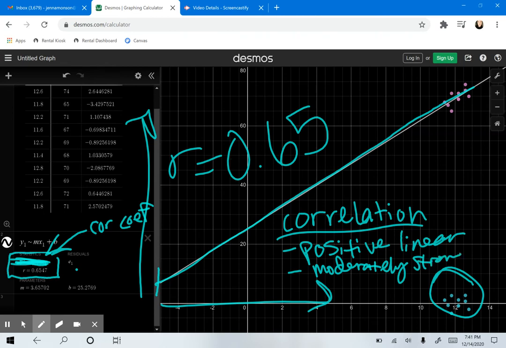Meaning if we wanted to, going back to the first example when we talked about shoe length and height, if we were predicting somebody's height based on their shoe size in a crime scene investigation, it means that our prediction based on this line of best fit and this correlation would be pretty accurate because it is a pretty strong relationship.